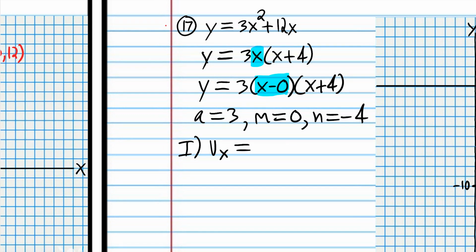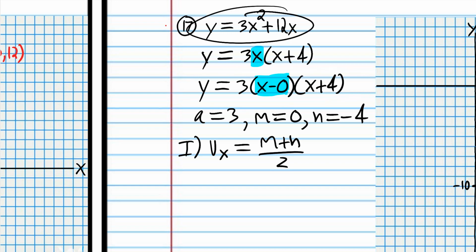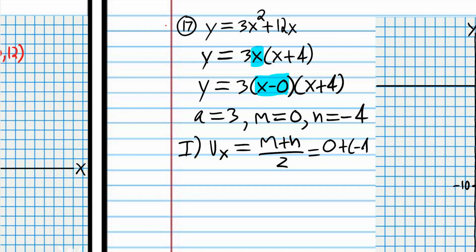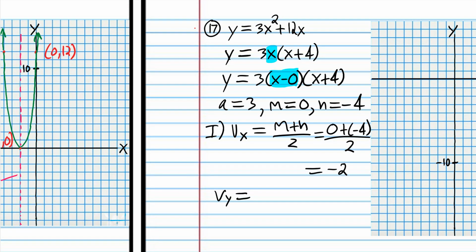So we're going to find the x value of the vertex using that same old formula given intercept form. Now again, it's very important to understand this is not intercept form. This is intercept form. All right. So we're plugging in those numbers, and we get negative 4 divided by 2, which is negative 2. Now we're going to find the y value of the vertex, plugging that value into the original equation. I'm going to plug it into this equation because that's the easiest one to use. Whoops, got to get my red pen.